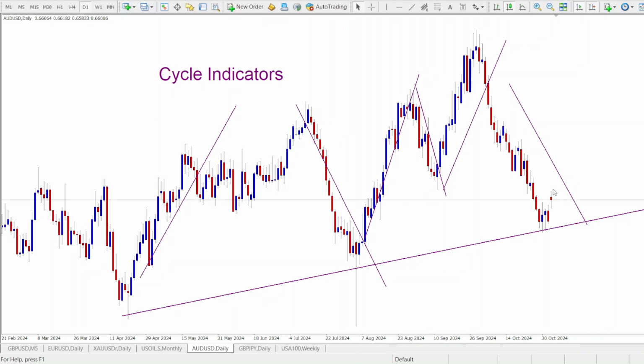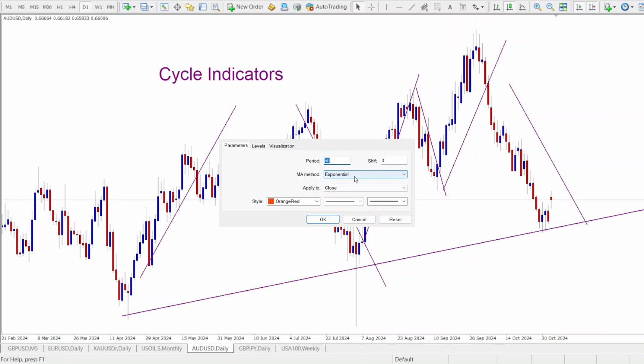One of the indicators that many traders use is the moving average. You might be familiar with these already, but now we are talking specifically about using them to track cycles. When used to track cycles, we prefer smoothed or weighted moving averages. So I'm going to add the moving average to the chart, but we are not going to use the simple moving average or the exponential moving average.